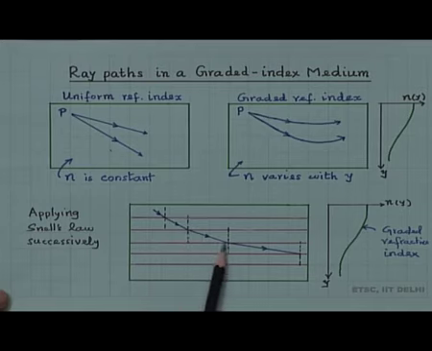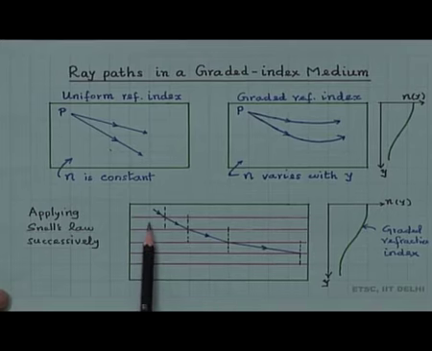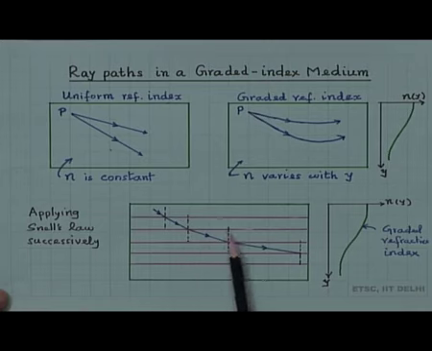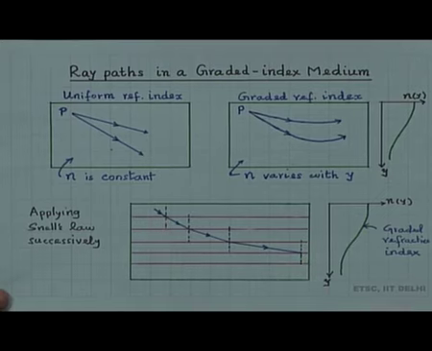So, this we have shown as piecewise continuous straight lines, because each of these media is of uniform refractive index, but the refractive index of a lower layer is smaller compared to that of a higher layer, and therefore, at every interface the ray bends away from the normal. So, if we now look at the overall ray path, it is not a straight line path, but it has curved like this.